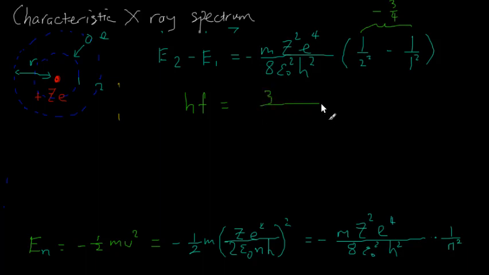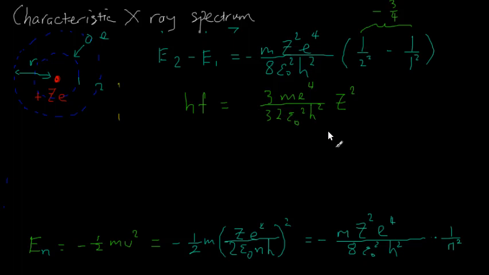I'm going to put Z squared on one side for a reason that I will explain in a moment: 3 m e to the 4 over 8 times 4, that's 32, epsilon naught squared h squared.